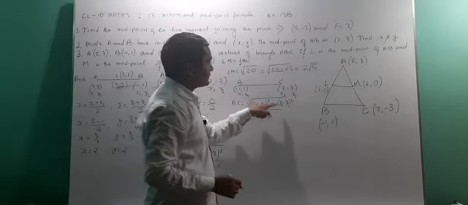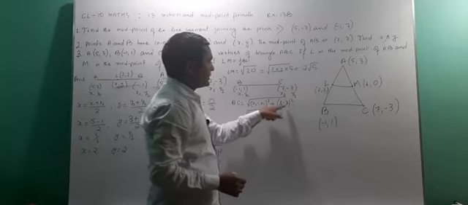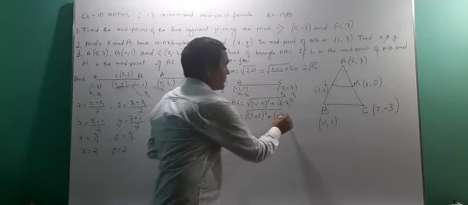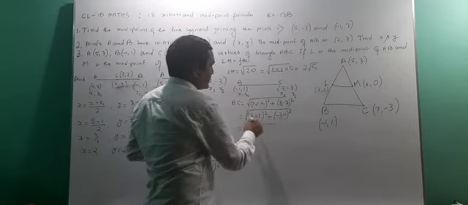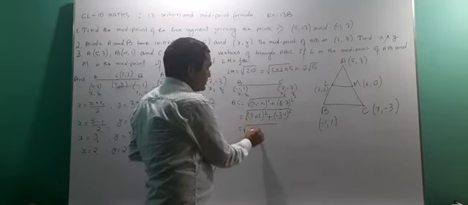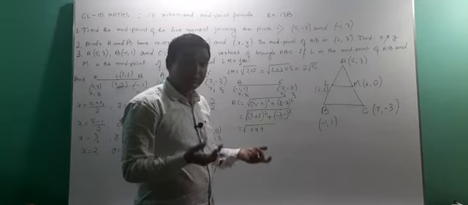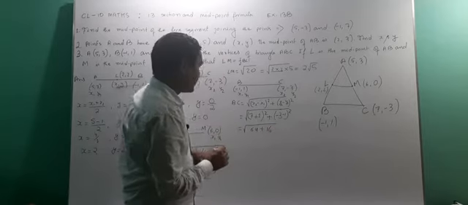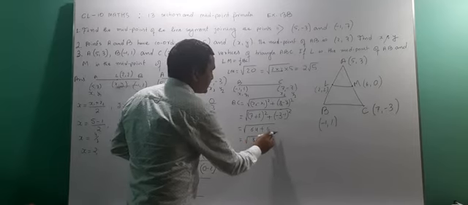Then plus y2, which is minus 3, then minus y1, which is 1. Now this is 8, since 7 plus 1 is 8. 8 square is 64, plus minus 3 minus 1 is minus 4, and minus 4 square is 16. Now this is 80.